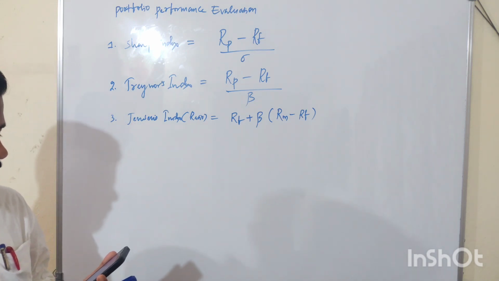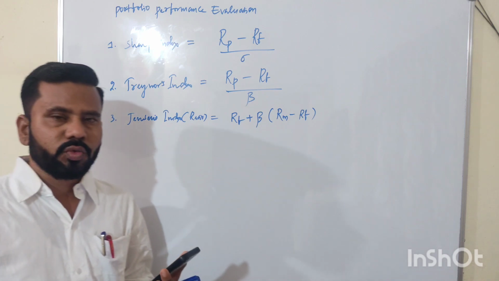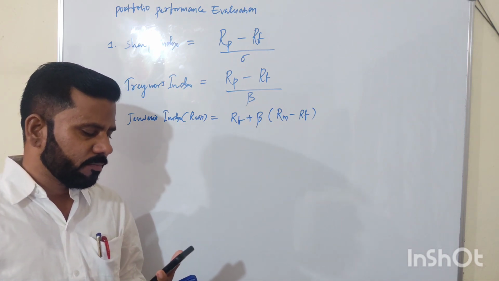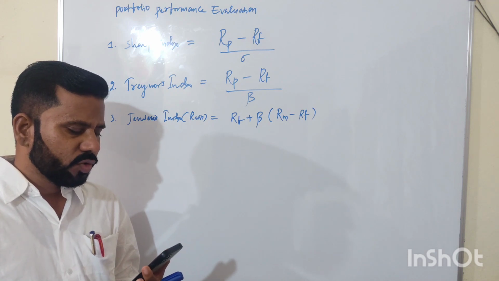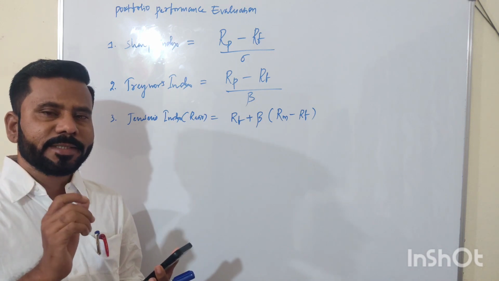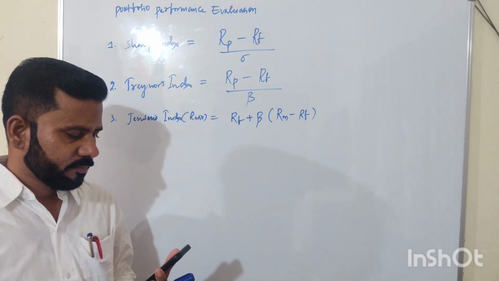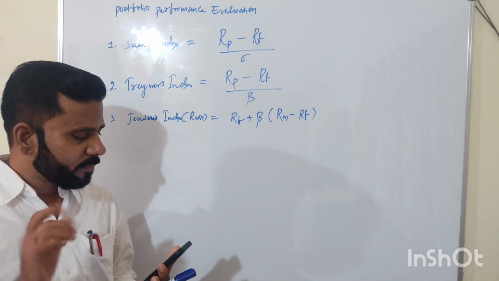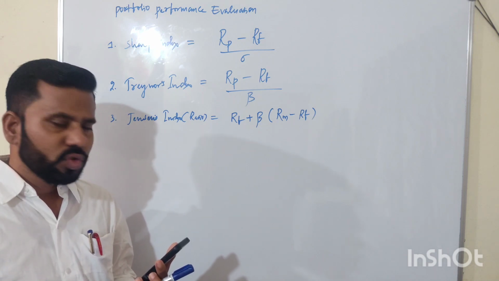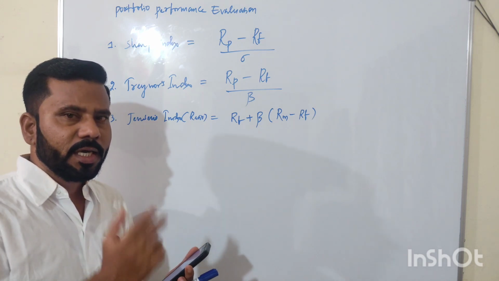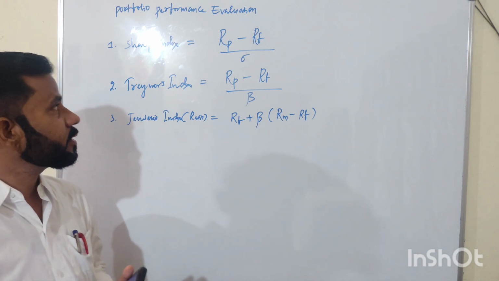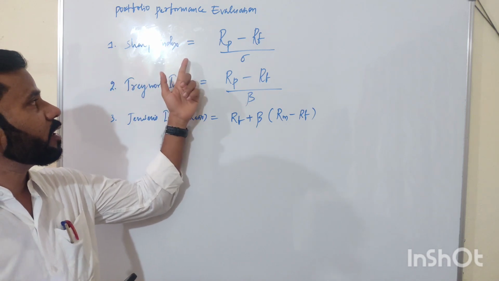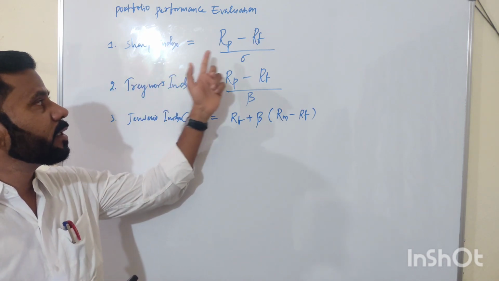If you ask me what actually we have to find out from this problem, we have to find out the Sharpe index for both the portfolios. Two portfolios are given, portfolio A and portfolio B. As I already told you, what is the Sharpe index formula?